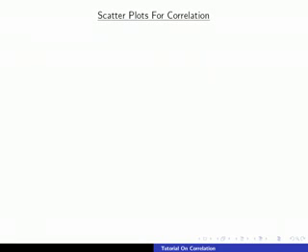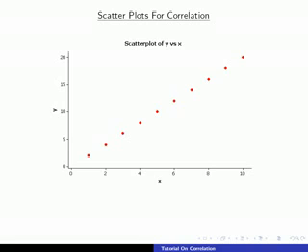So if we have our two quantitative variables and we produce a scatter plot of them, we can get a general idea from that as to whether there is any linear relationship between the two. So we'll have a look at some scatter plots and talk through what they tell us about the correlation. Here we have y versus x, and we can see that our observations have produced a perfectly straight increasing diagonal line.